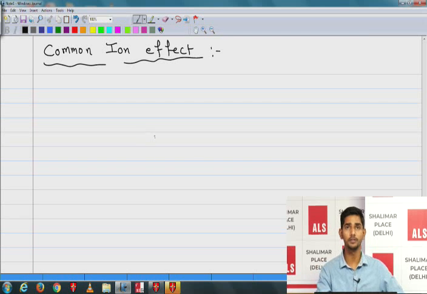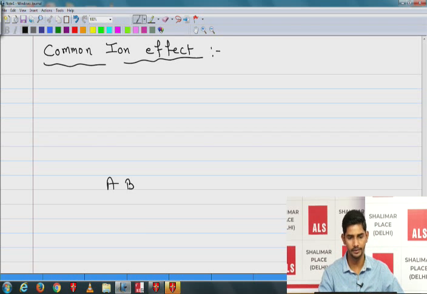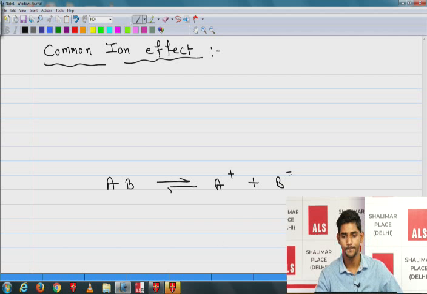So first of all, let's understand its meaning. Suppose I have AB, and this can convert into A plus and B minus. I have added AB, sorry, not AB, I have added AC here.